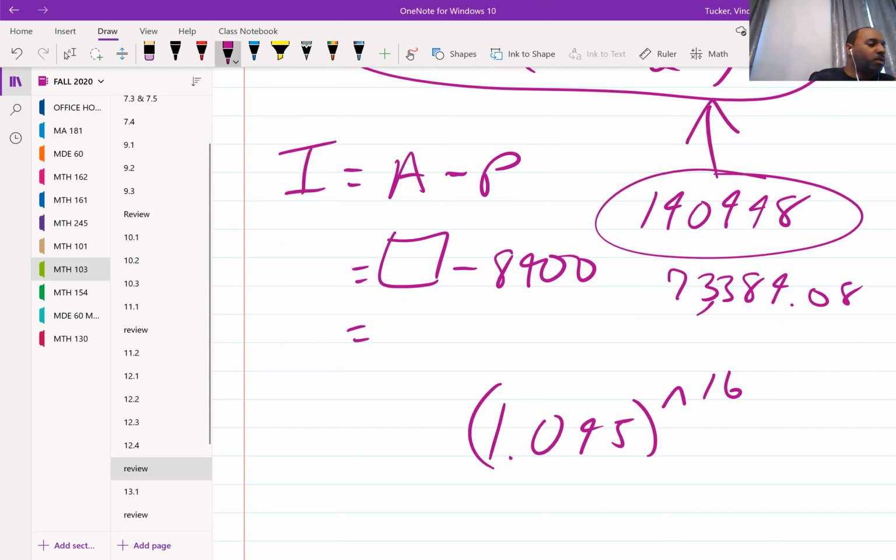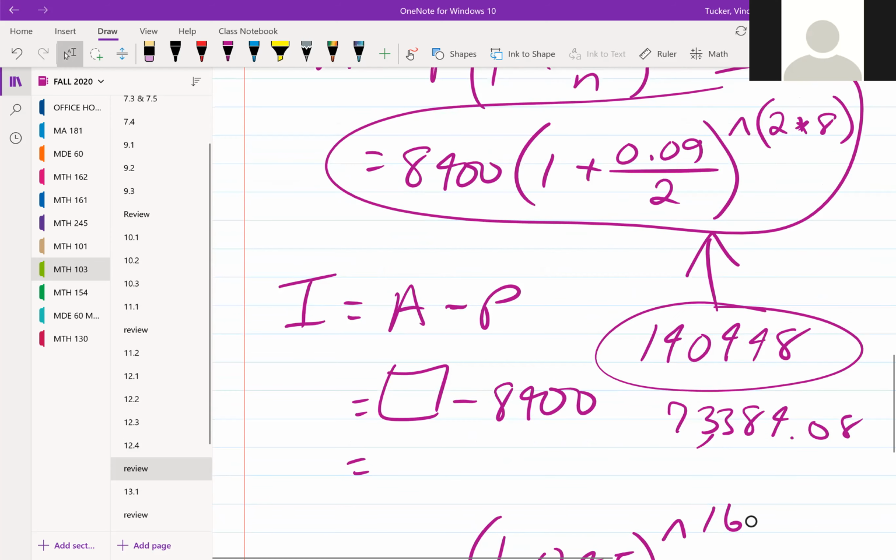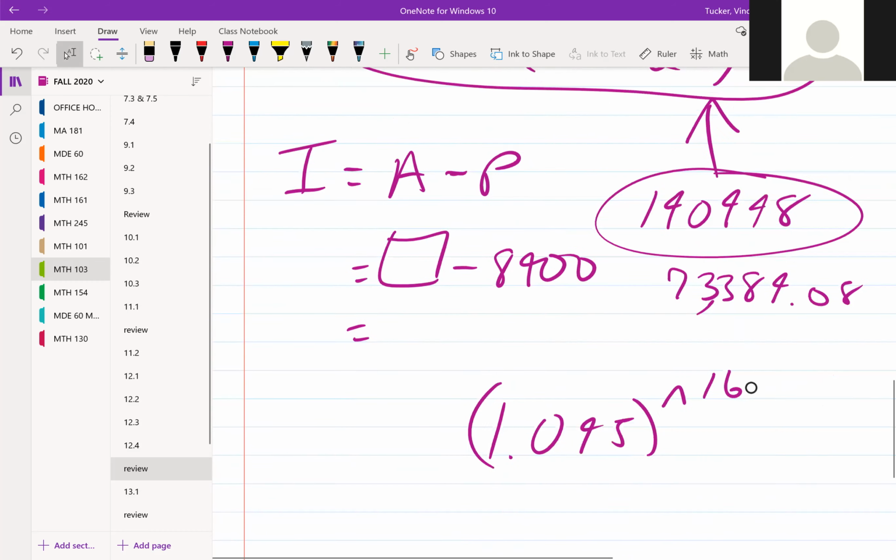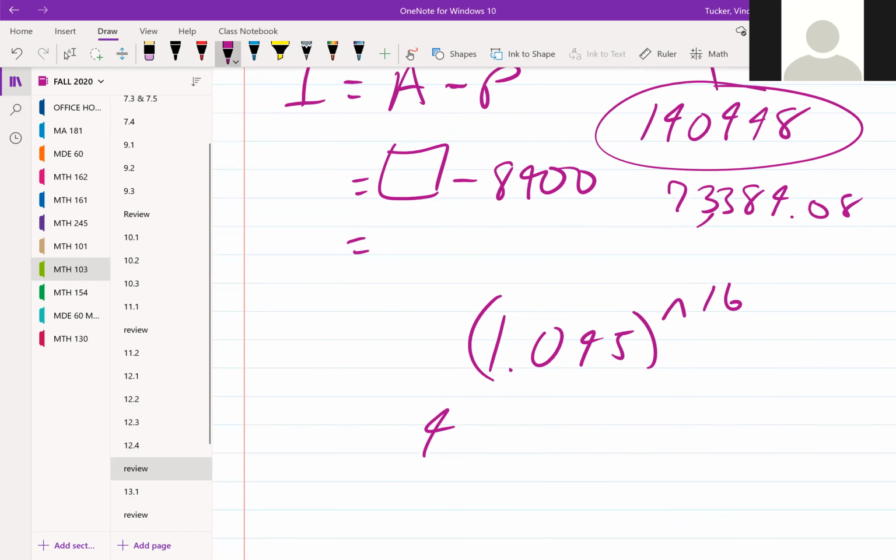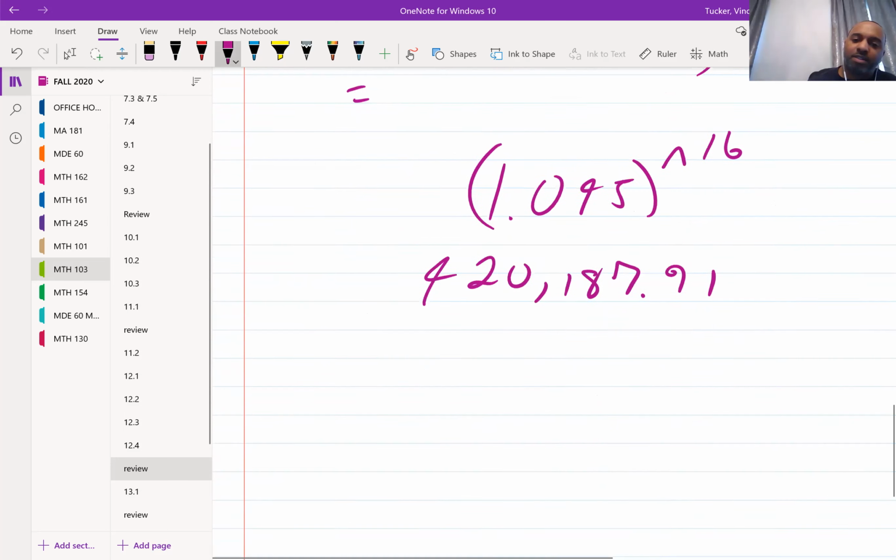It's still wrong. 16 times 8,400. And I wrote in pen. That's the sad part. That number seems large too, but let me try it one more time.